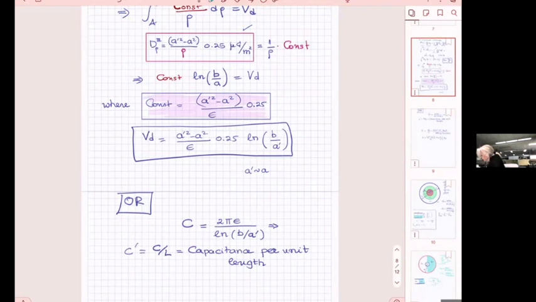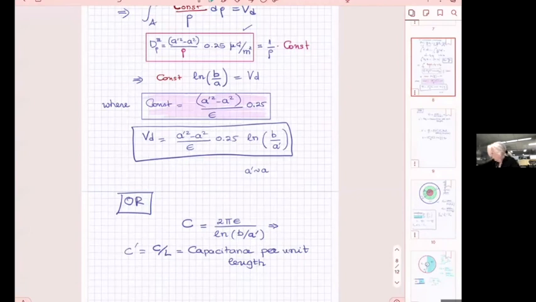Let me see where we have it here. Not the area with the length, but this is capacitance per unit length. Is that what you mean?